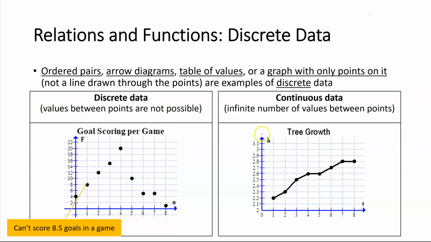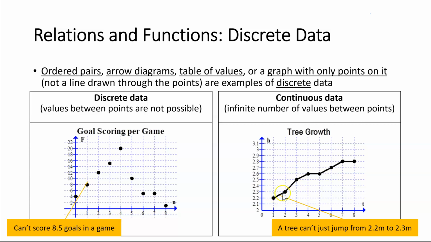The example on the right shows the growth of a tree. This is in meters, and this is your time. And here, this is an example of continuous data because, well, a tree can't just jump from a height of 2.2 meters up to a height of 2.3 meters. It must grow from 2.2001 to 2.2002 to 2.2003, etc. It must grow gradually until it hits 2.3 meters.